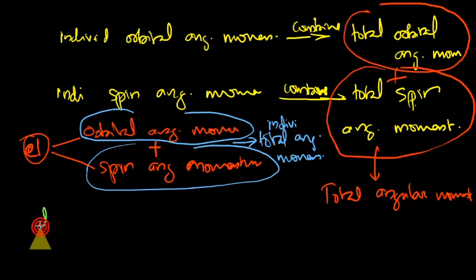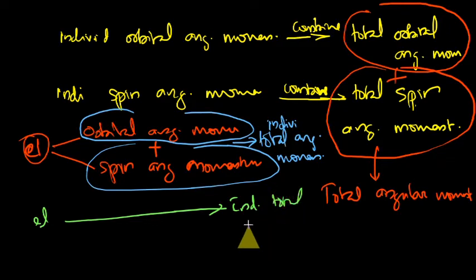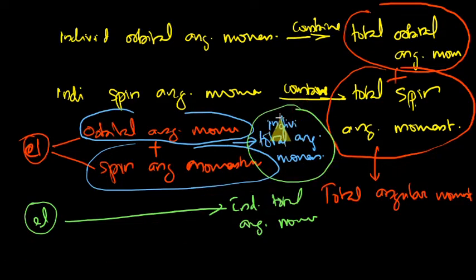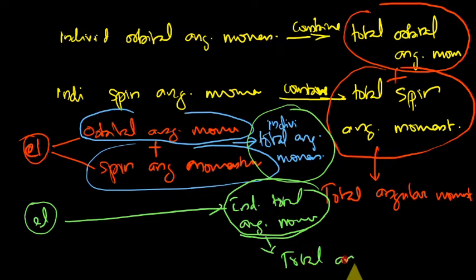The other electron also has an individual total angular momentum, obtained by the combination of the orbital angular momentum and spin angular momentum of that individual electron. And finally, these individual total angular momenta combine to give the total angular momentum.